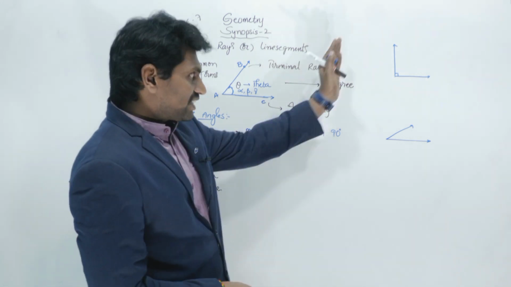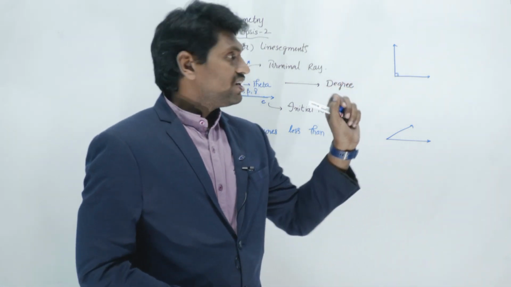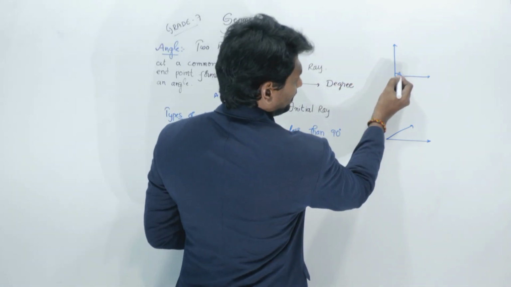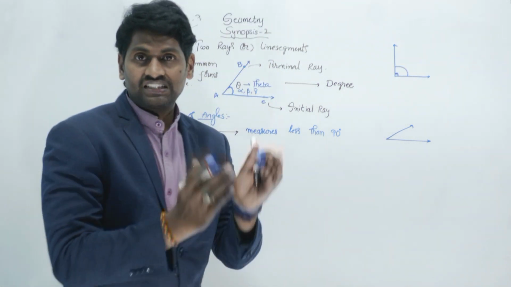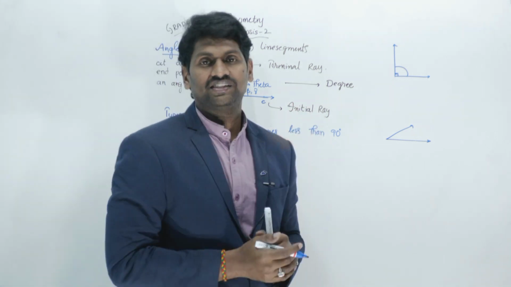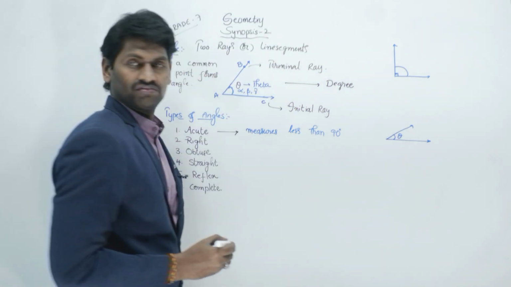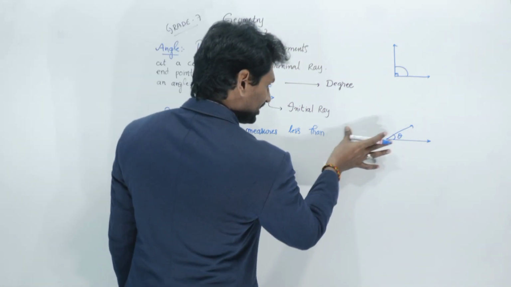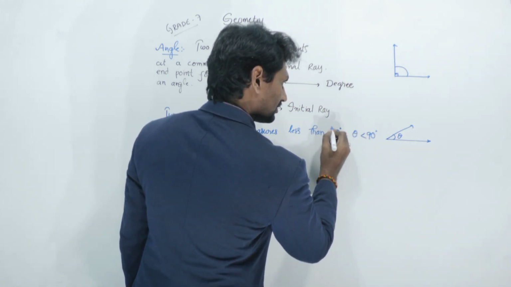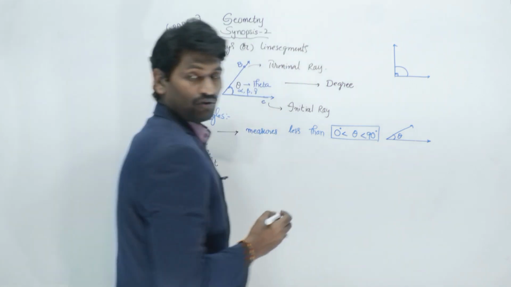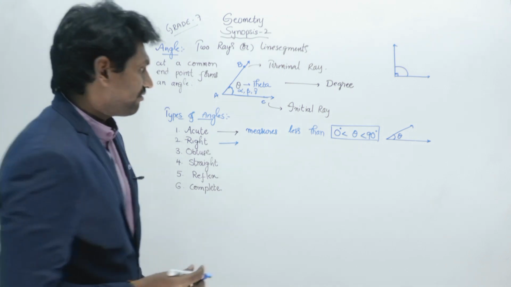It is exactly like the shape of the alphabet L. Now if the gap between these two rays is less than 90 degrees, it is called an acute angle. So it lies between 0 and 90 degrees.